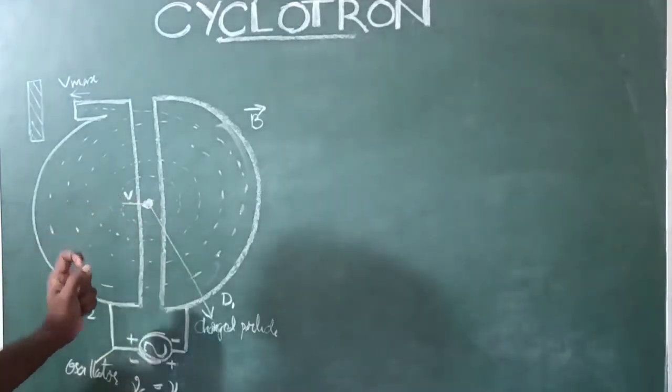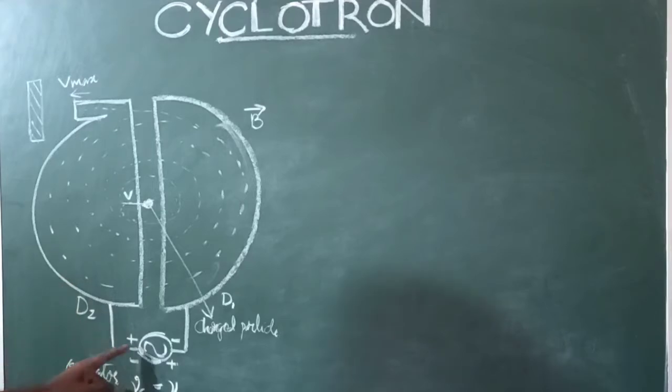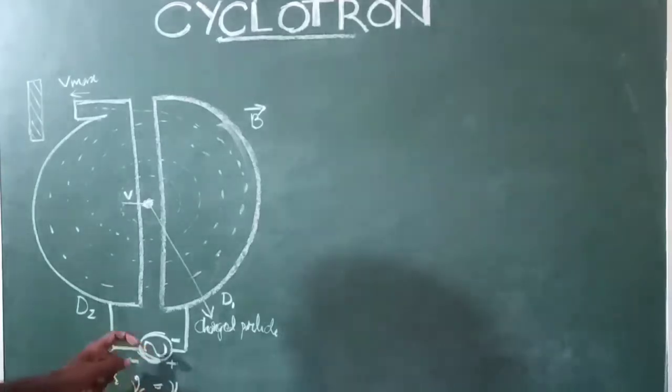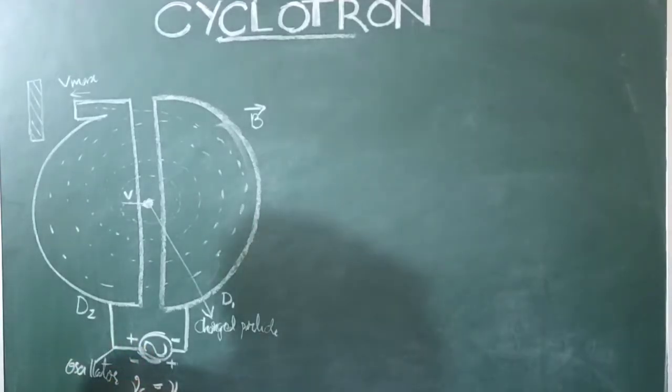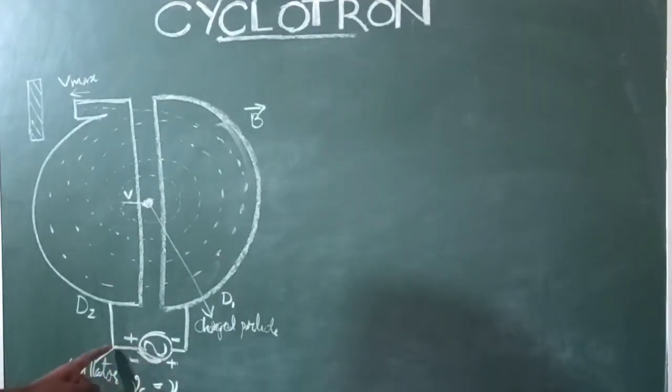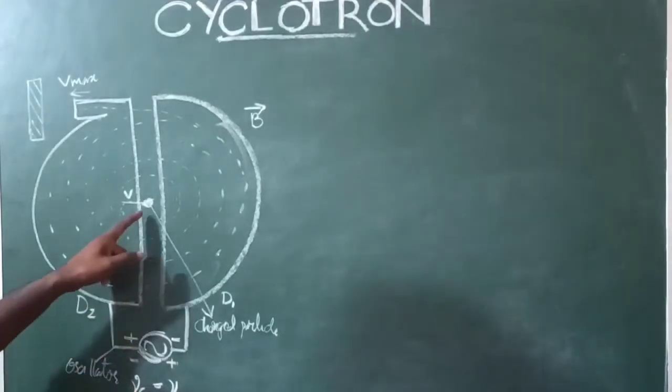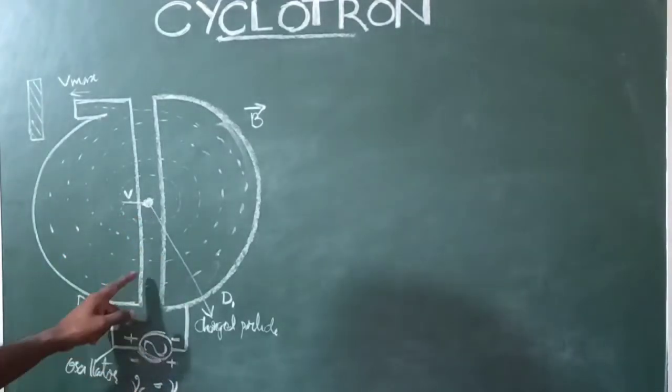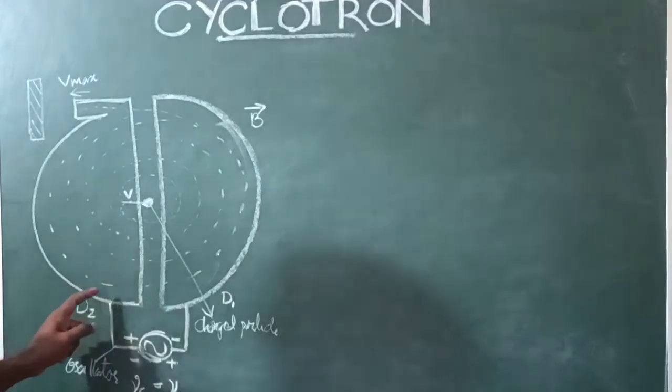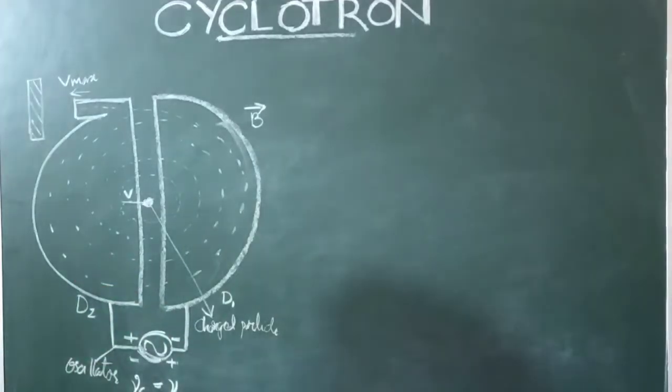in the middle of these two Ds, and these two Ds are connected to an oscillator, which is used to produce an electric field in between them. The oscillator works in such a way that the frequency of the charged particle is equal to the frequency of the oscillator, so the polarity of the oscillator changes after every half cycle.